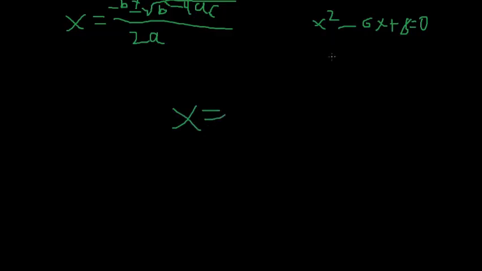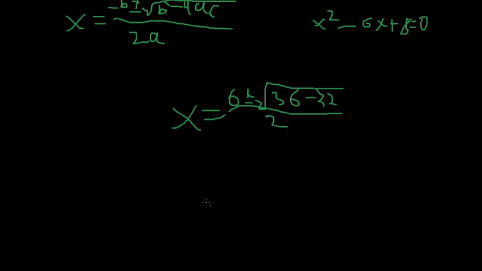So let's do x. So negative b, negative 6 times negative 1 is 6, plus or minus the square root of b squared, 36, minus 4ac, which is 32, divided by 2a.